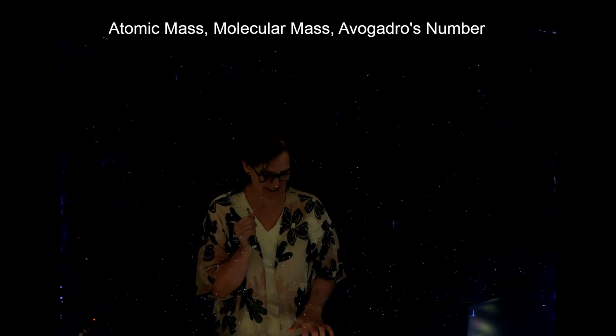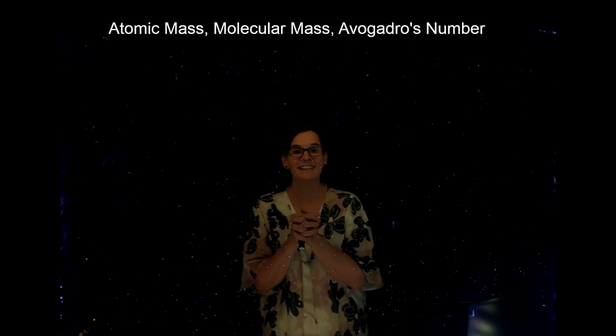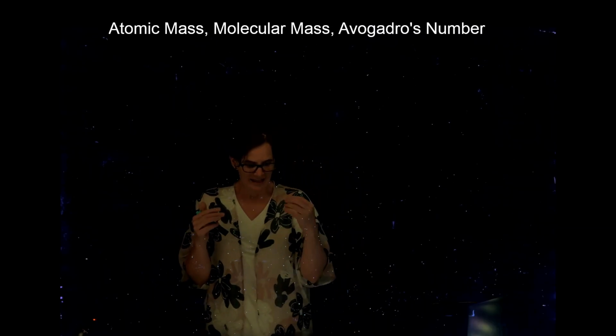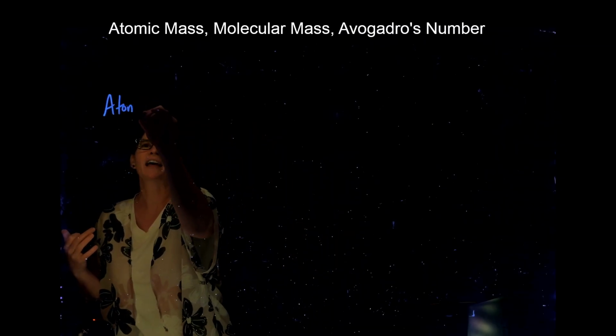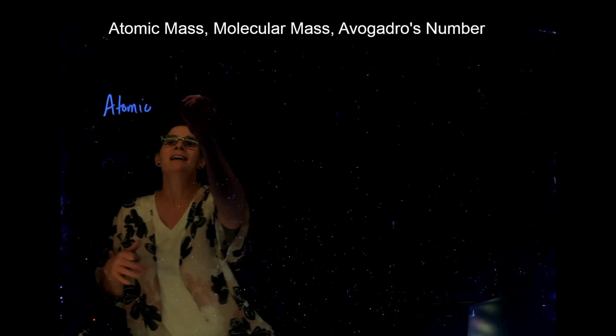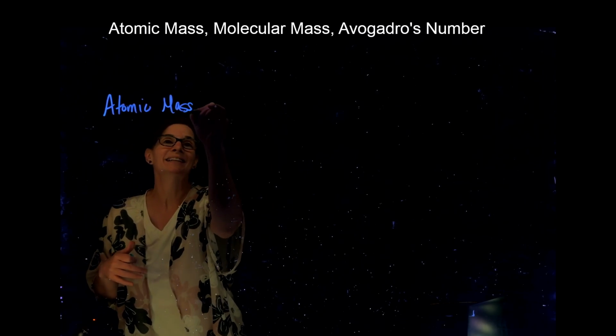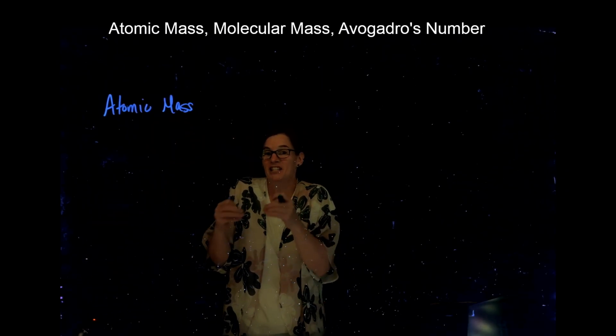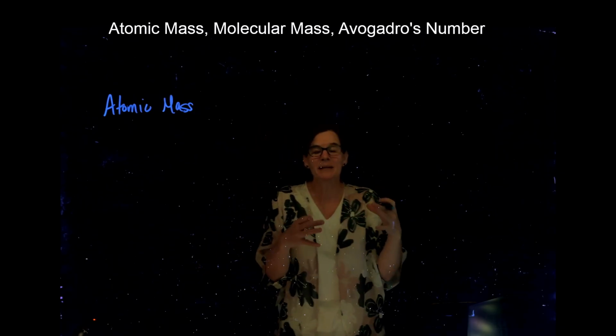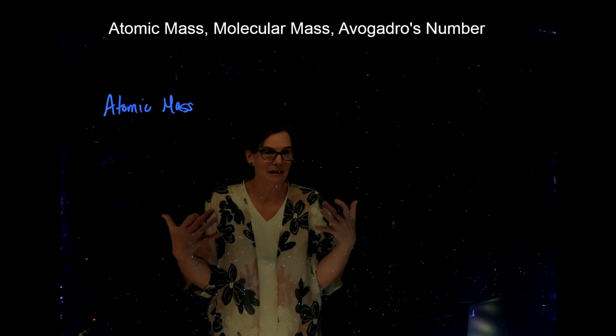in your schooling. So we describe matter, of course, in a lot of different ways, but we're going to use this idea of atomic mass. We're going to talk about that a little bit. The atomic mass is, of course, the appreciation that each element, each atom, is going to have some level of mass, right?